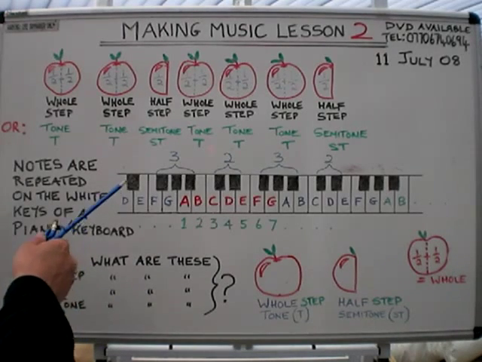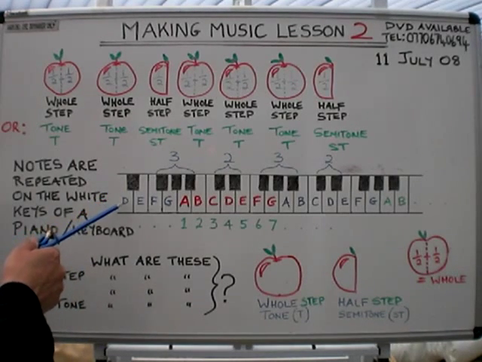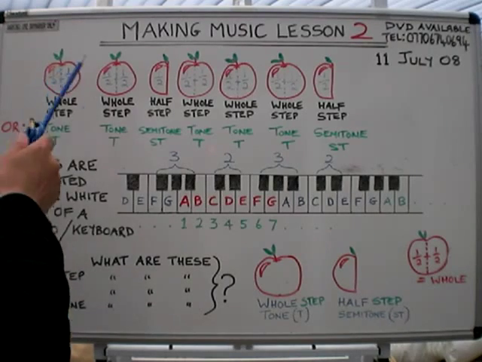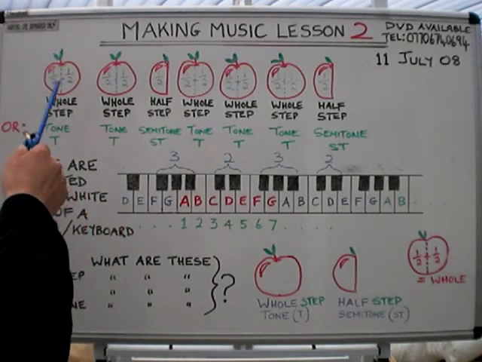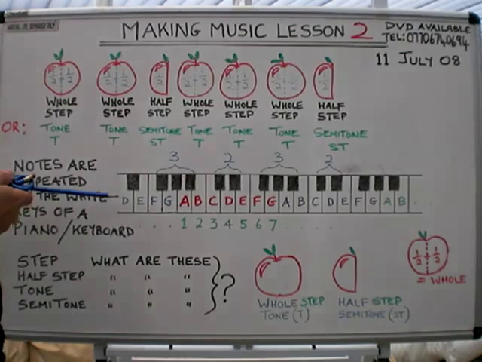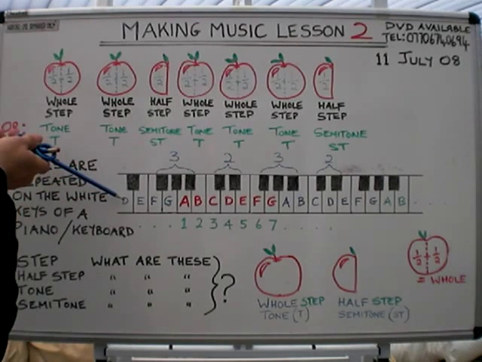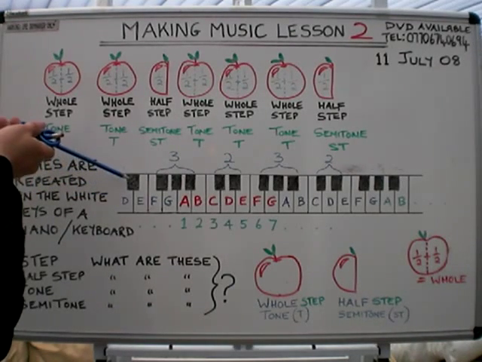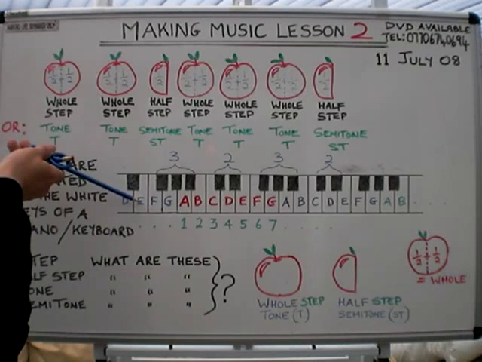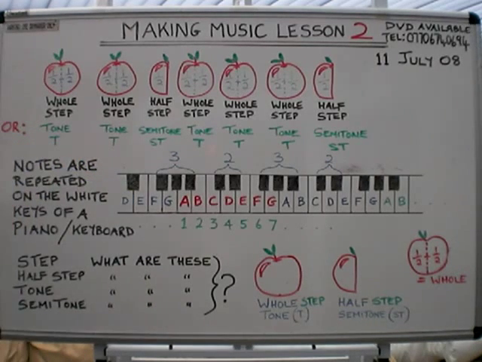Okay, let's start there. I want to do 2 halves, like 2 semitones or 2 half steps. So we'll start here, 1 half, 2 halves. That's a whole step made up of 2 halves. We also call it a tone.